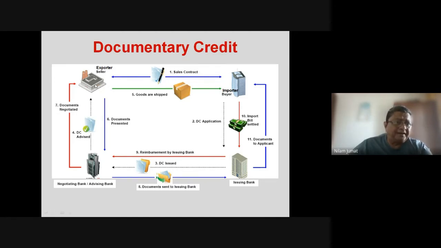But in case you are having a doubt, if ever, which will never happen, doesn't matter, we are giving the assurance that if ABC Bank, due to any reason, for example failure of the bank or failure of the country, is unable to pay you, then we as Standard Chartered Bank in London are guaranteeing you payment. So now the exporter has two assurances. One is the assurance of ABC Bank Sri Lanka under the LC.